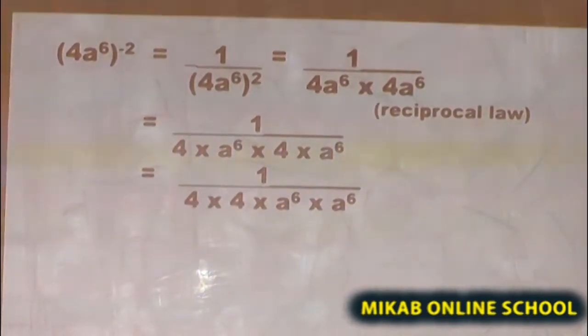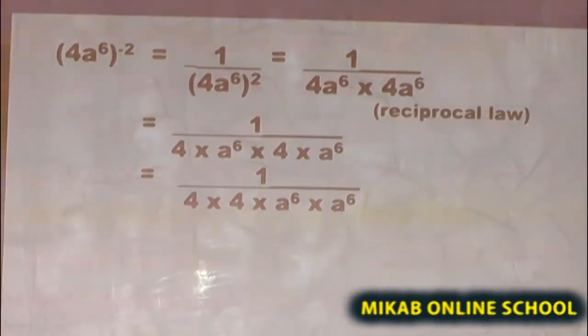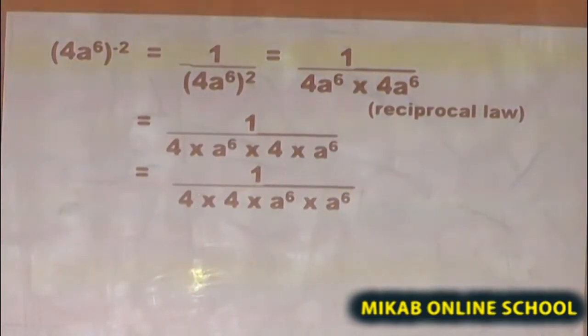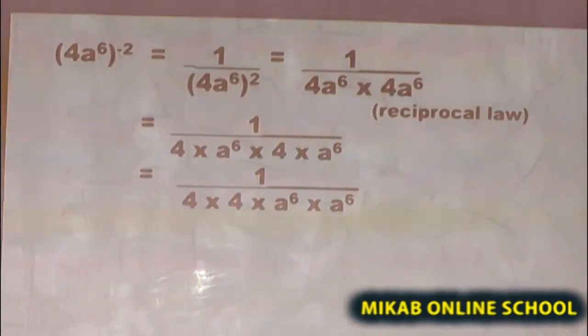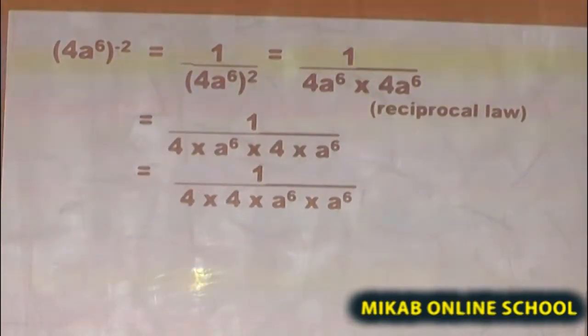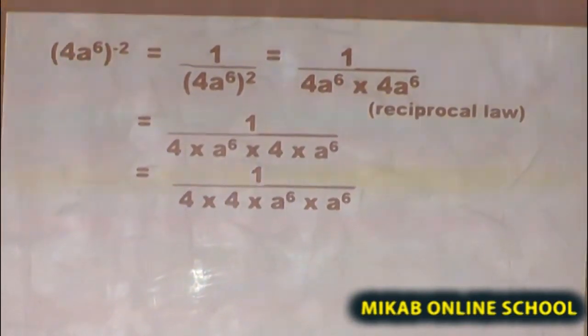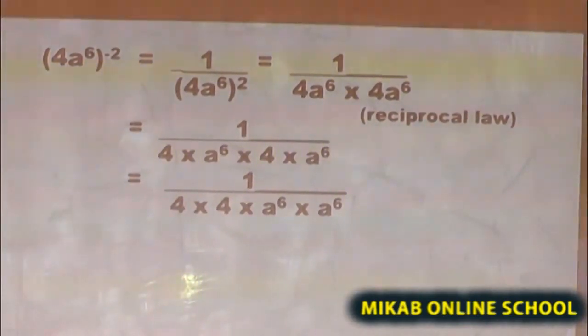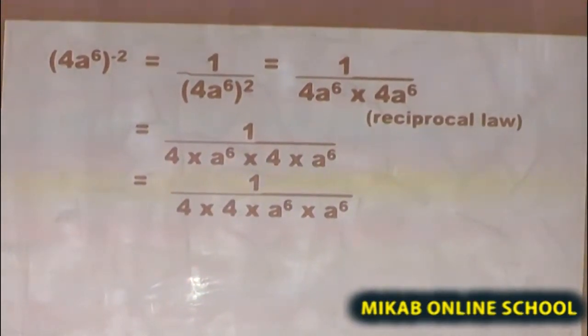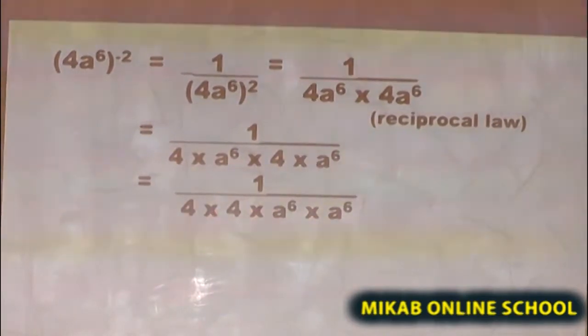And this 4 times 4, this 4 is having the same base as this 4. And mind you, the power is not indicated, but they are raised to the power of 1. So we are going to pick 1 and add the power because of the connectivity here.